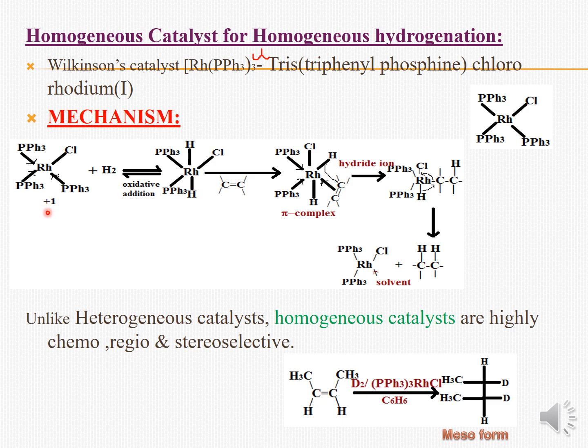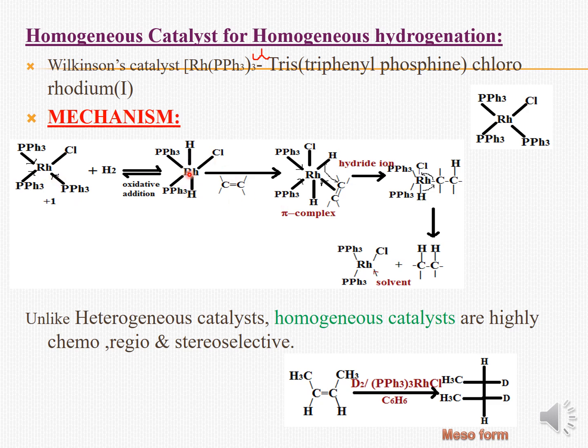If you move on to the mechanism, here you are taking this rhodium complex, tris(triphenylphosphine)chlororhodium(I). In the first stage the rhodium metal will be in the +1 oxidation state, and upon addition of the hydrogen molecule it will undergo oxidative addition.